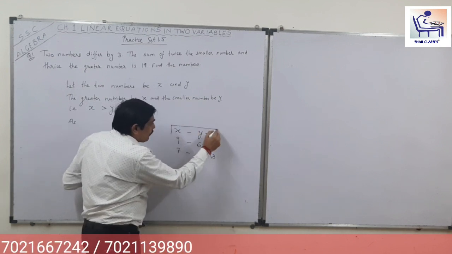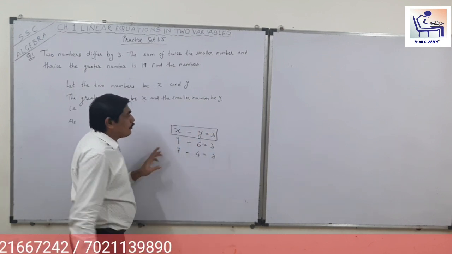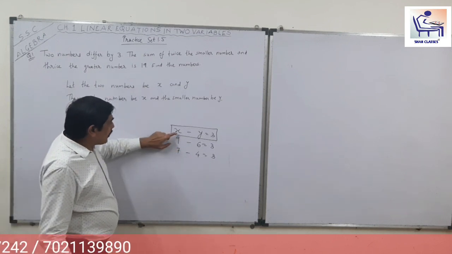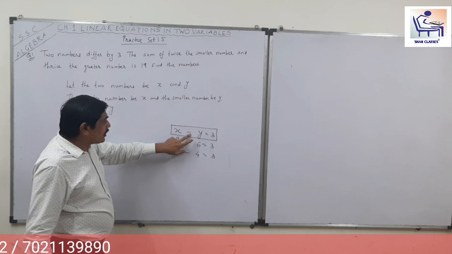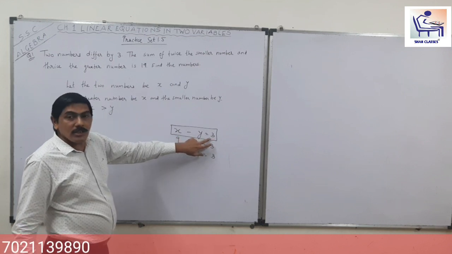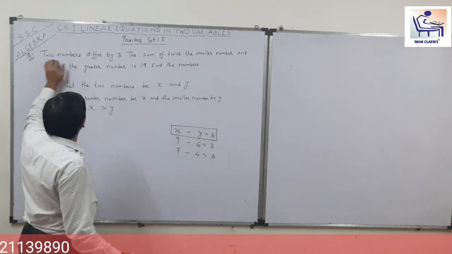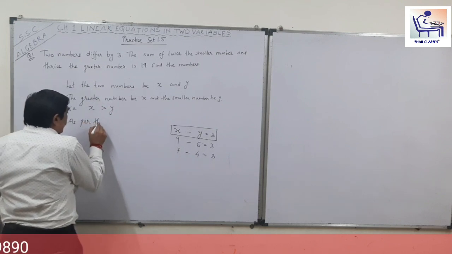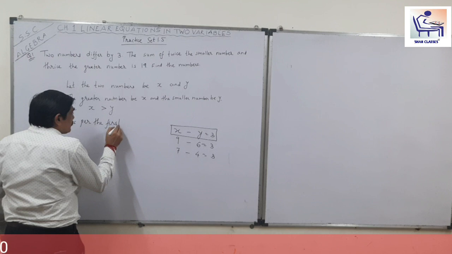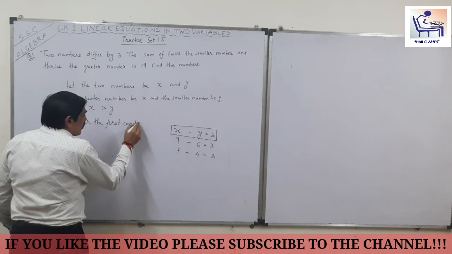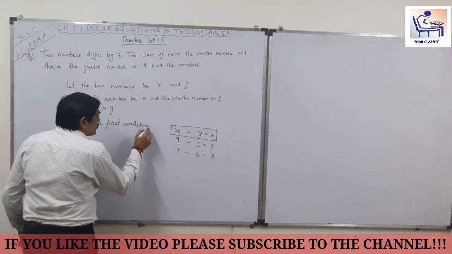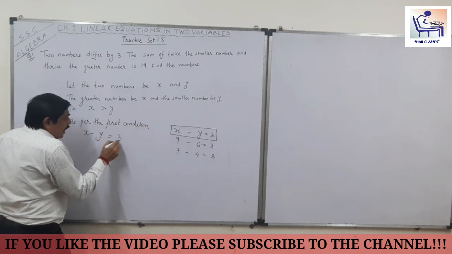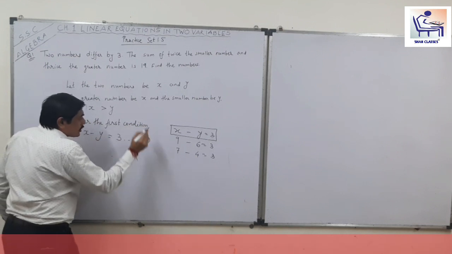So this is my first equation, x minus y is equal to 3. यानी अगर मैं बड़े नंबर से छोटे नंबर को माइनस कर दूं तो मुझे क्या मिलना चाहिए? 3. So the two numbers differ by 3. So as per the first condition, I got it here, x minus y is equal to 3.